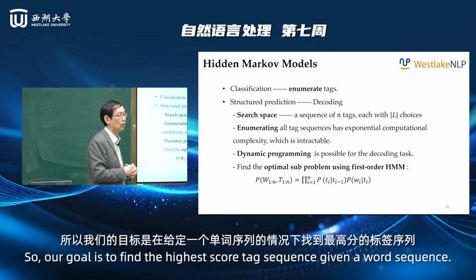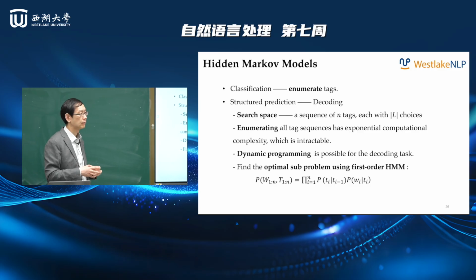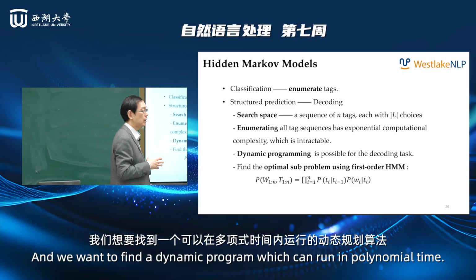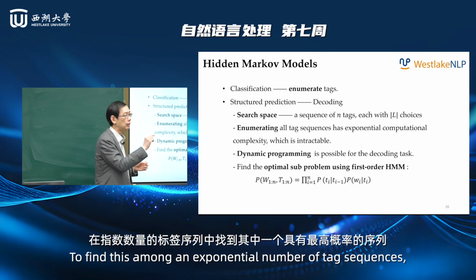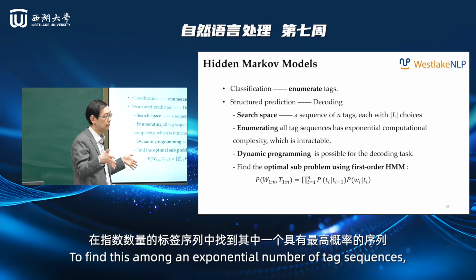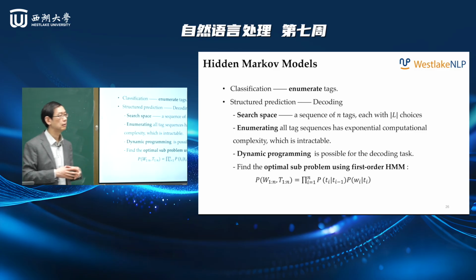Our goal is to find the highest scored tag sequence given a word sequence, and we want a dynamic program which can run in polynomial time, to find, among an exponential number of tag sequences, the one that has the highest probability.